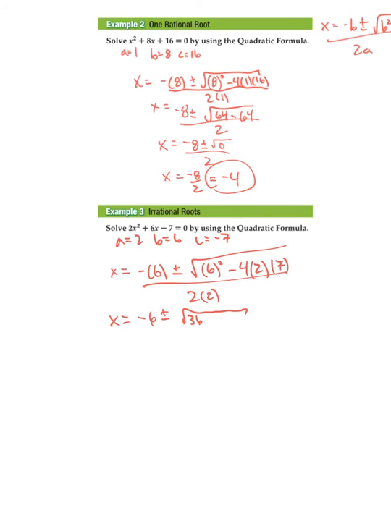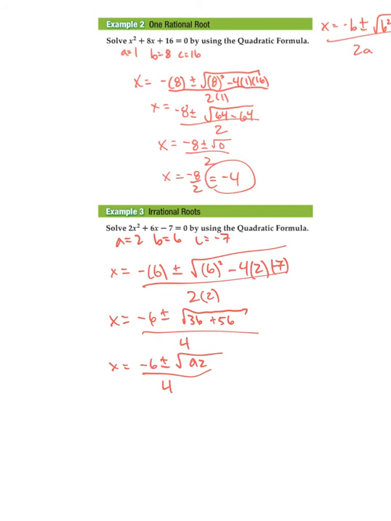Oh, c is negative 7. Negative 8 times negative 7, so that's a plus 56, all over 2 times 2, 4. So this is x equals negative 6 plus or minus the square root of 36 and 56, 92.